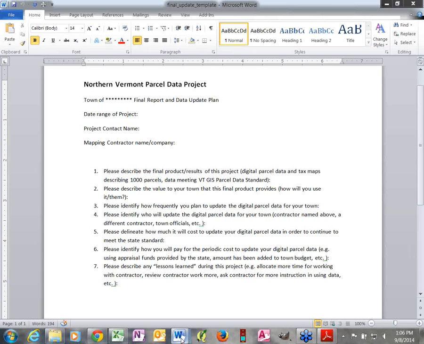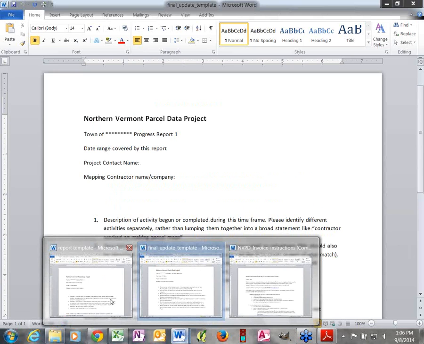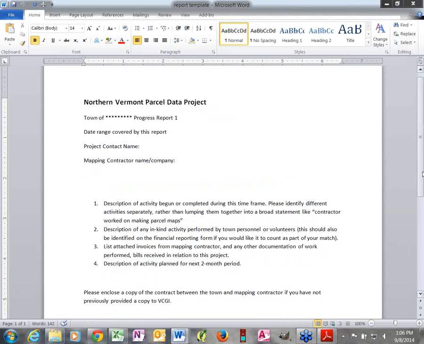That's the final thing in that final report. You can see the kind of progress report that comes before the final report, if you're going to do others, or you would just add this as well in your final report. It just has to do with what activity was done during the reporting period, describing any of the in-kind activity that you want to get credit for in the financial accounting.